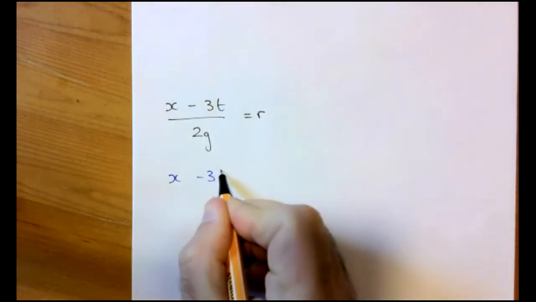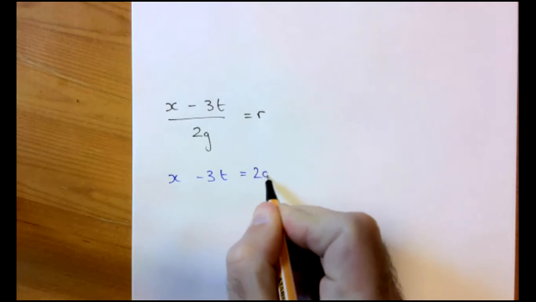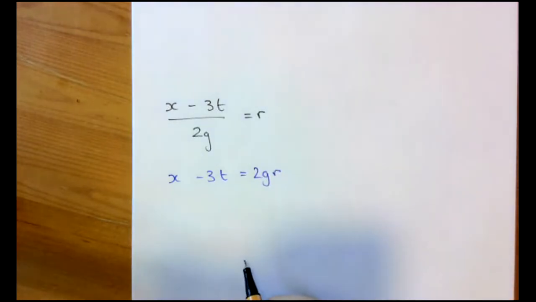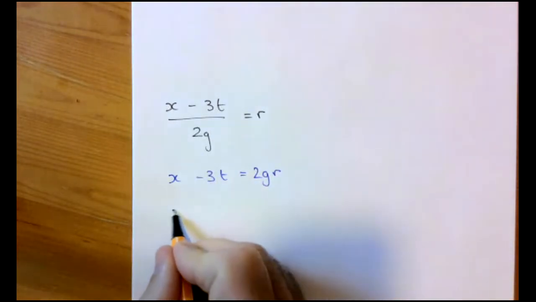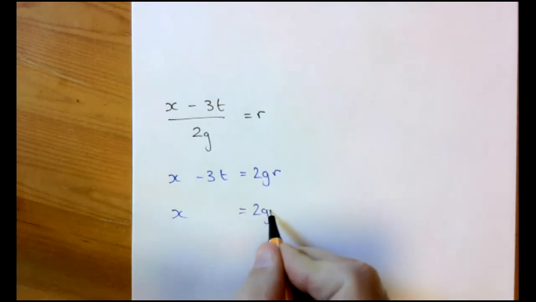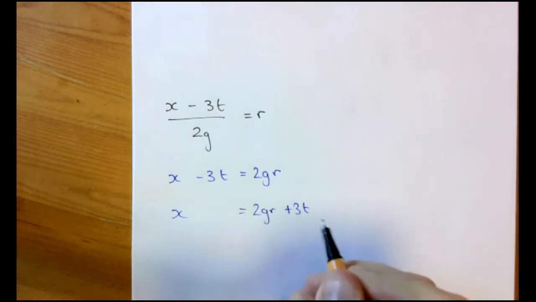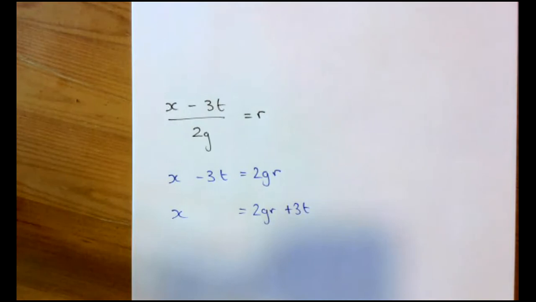X minus 3t equals 2gr, and then I'm going to add the 3t. So I've rearranged to make x the subject of each of those formulae. Okay, so let's move on to the next slide.